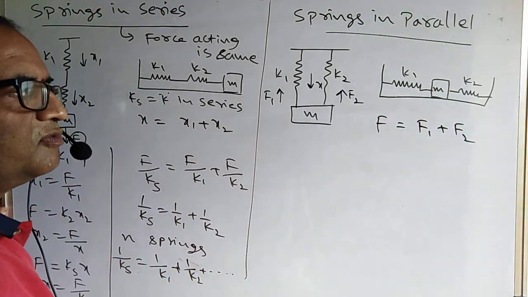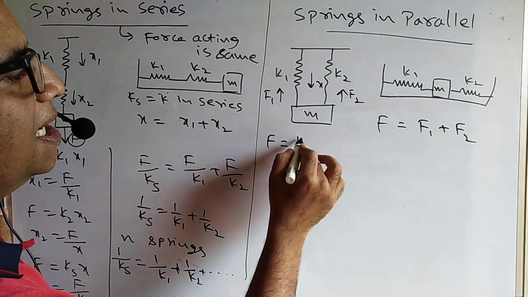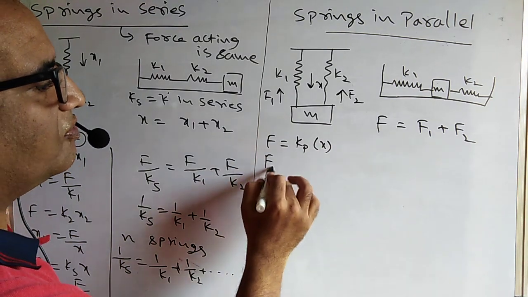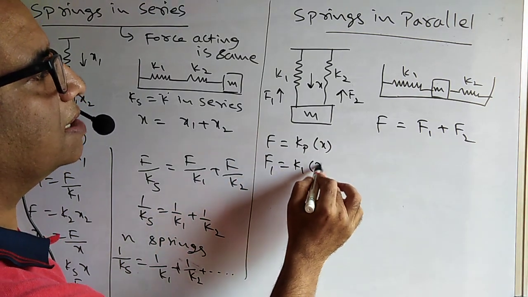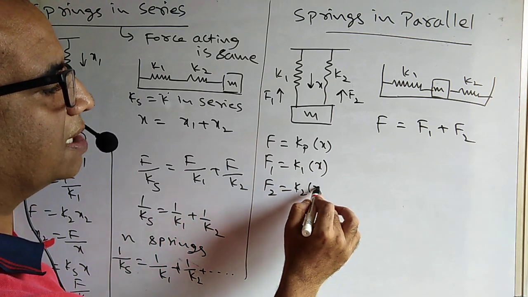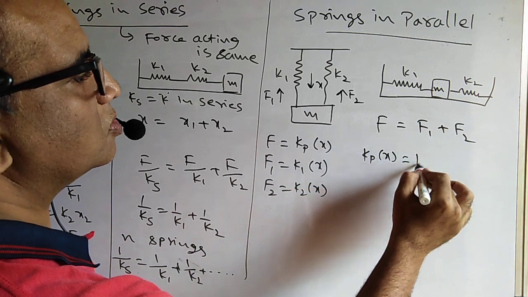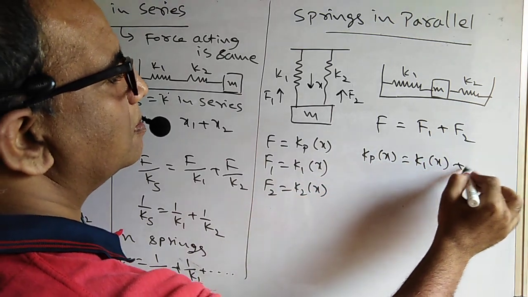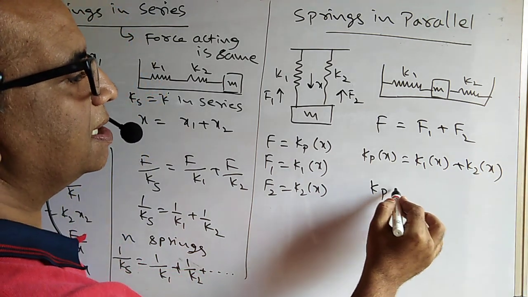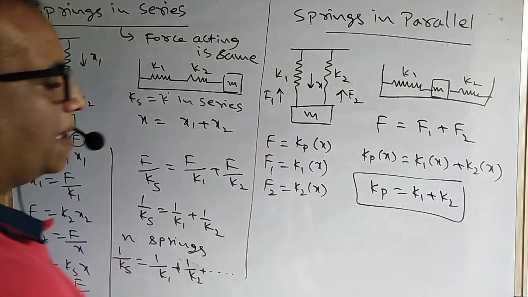Here F is K in parallel into the same displacement, and F1 is equal to K1 into X, F2 is equal to K2 into X. If I substitute, K in parallel into X is equal to K1 into X plus K2 into X. Therefore, K in parallel is nothing but K1 plus K2.